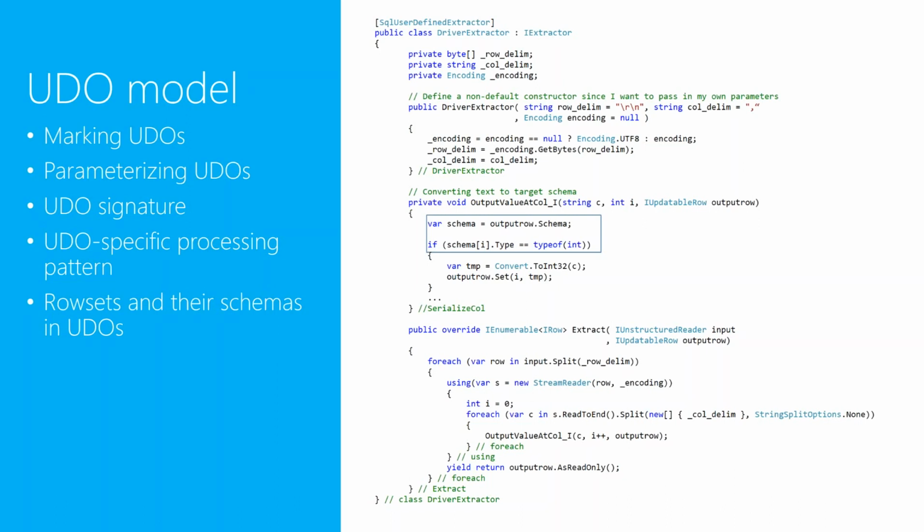So you can look at the schema to find out what the data types are, what the names are, etc. So you can actually write very generic processors and UDO models if you don't want to depend upon a column name, for example. And you can obviously set the result either by name or by position.